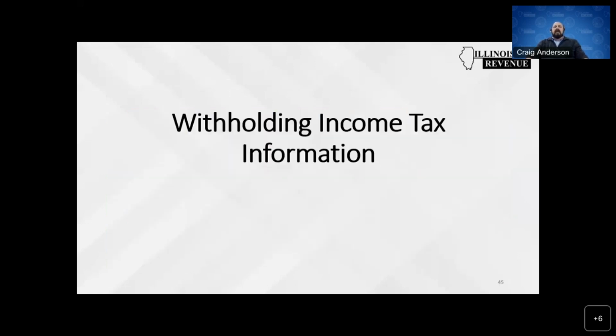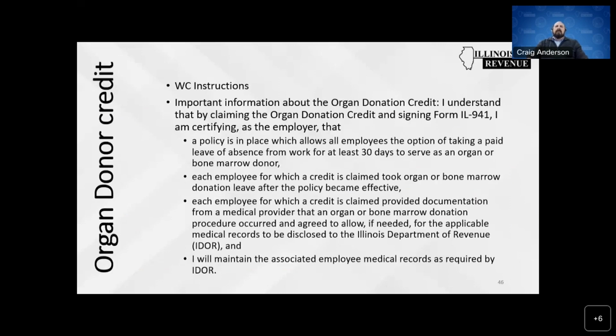Okay, now on to withholding. New for this year is an organ donor credit. Generally, there are 4 things that are necessary there. An employer has to offer 30 days paid leave.